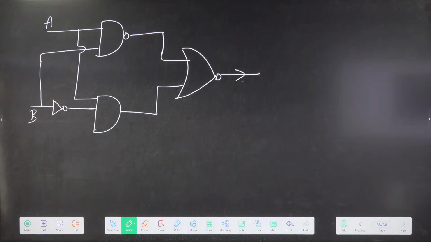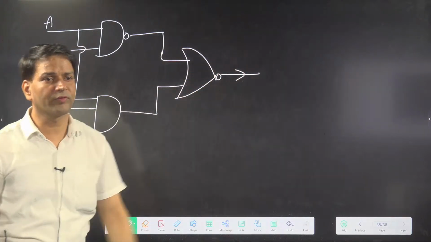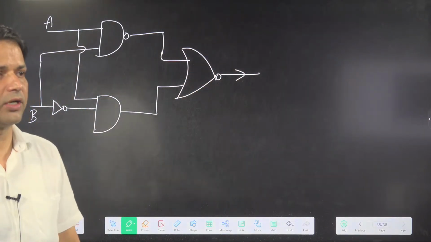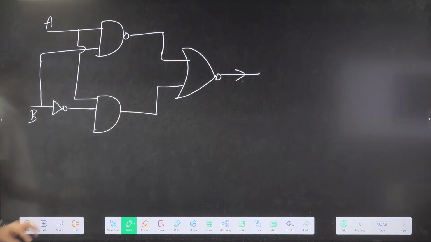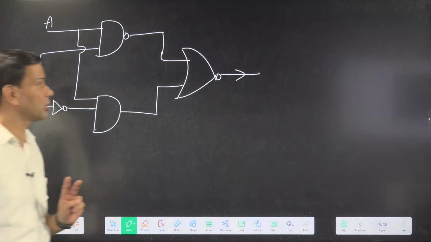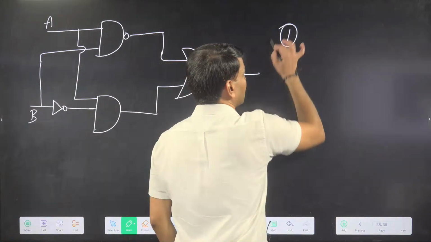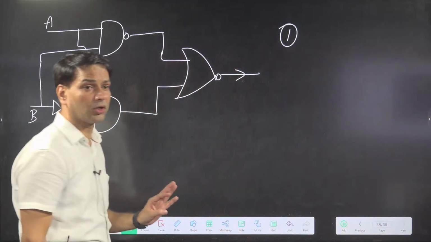So you have to find the output. Input we have taken is A and B. According to the output, we can decide whether it will behave like an AND gate, NOT gate, OR gate, what? Okay. So here, De Morgan's law we have to remember. What is De Morgan's law? For the summation, for the product.